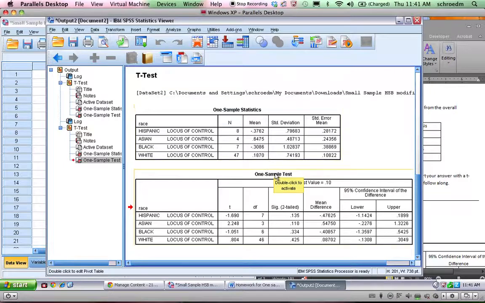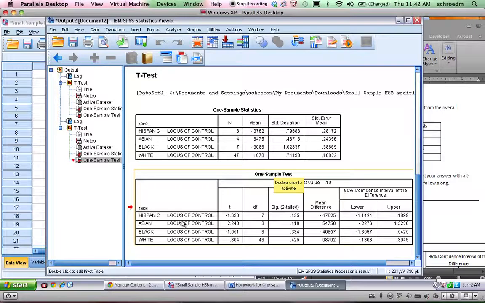So, based on that, I can say that there is no statistical evidence that indicates that there is a difference in the locus of control between Hispanics and the general population, Asians and the general population, blacks and the general population, or whites and the general population.